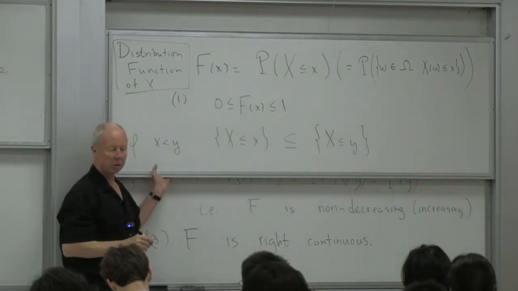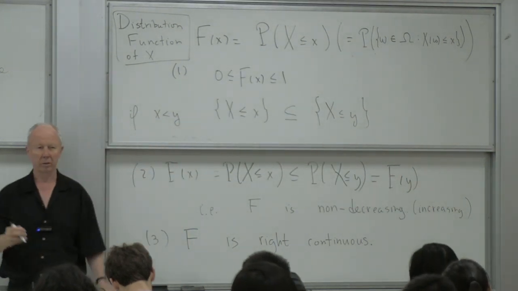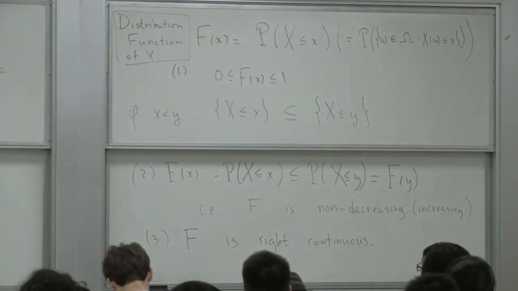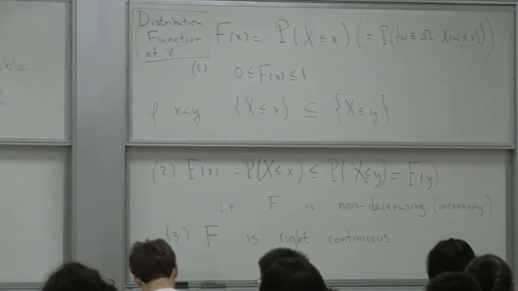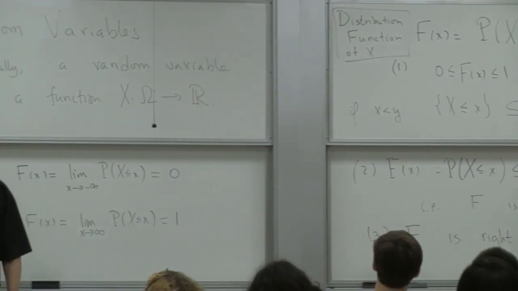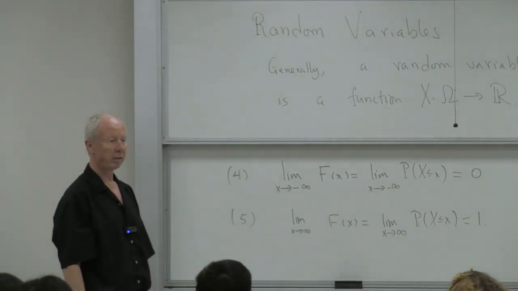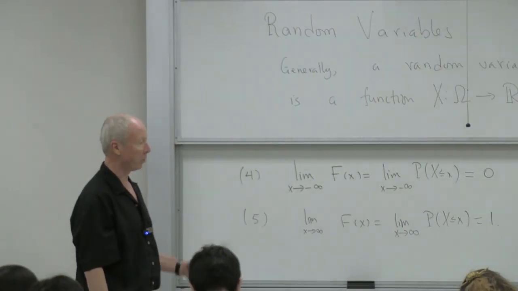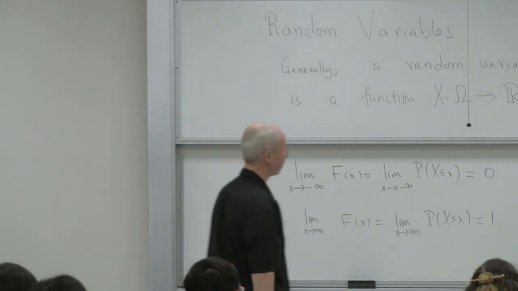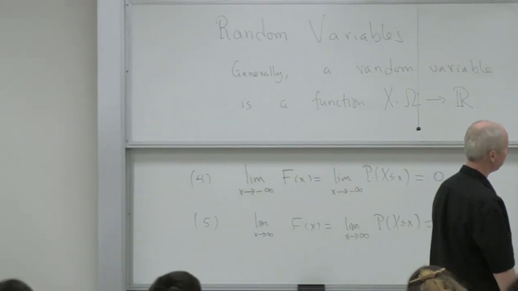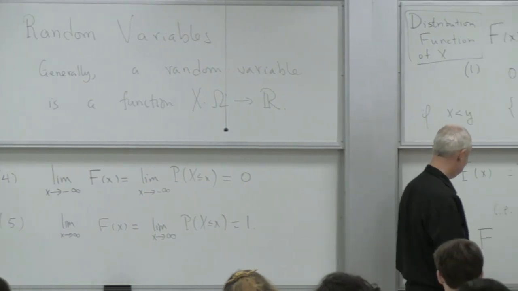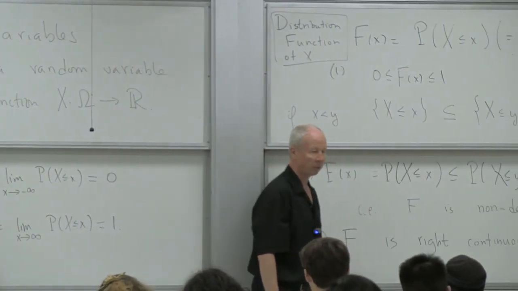Different random variables will have different distribution functions. And we identify random variables by their distribution functions. We'll give names to distributions. We'll say that the random variable has that name, like normal or uniform or Poisson.